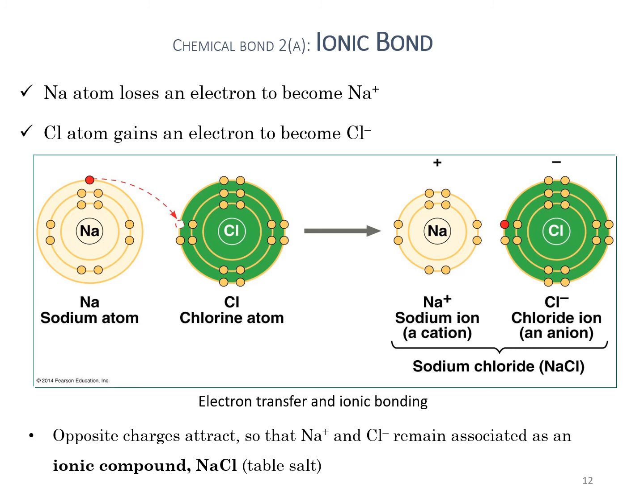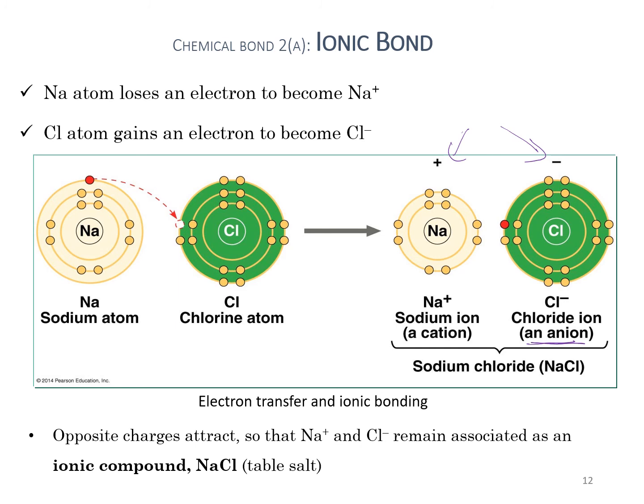When the chlorine atom gains an electron, it becomes a chloride ion, Cl negative. Now sodium is a cation and chloride is an anion, so an ionic bond forms between the oppositely charged ions, Na plus and Cl negative.